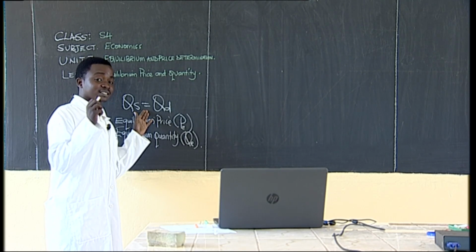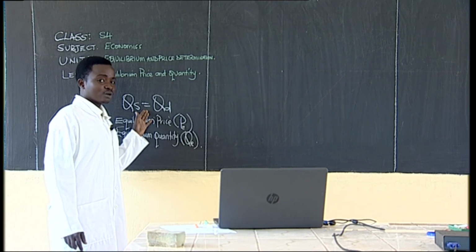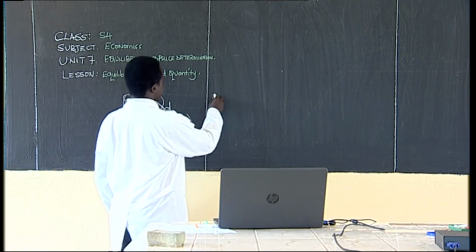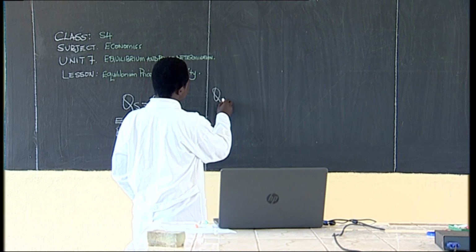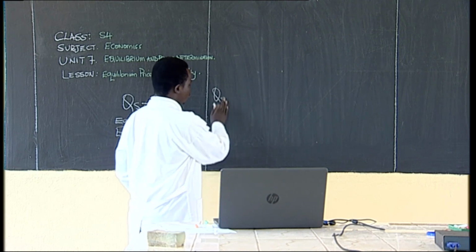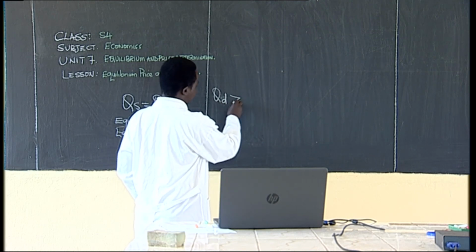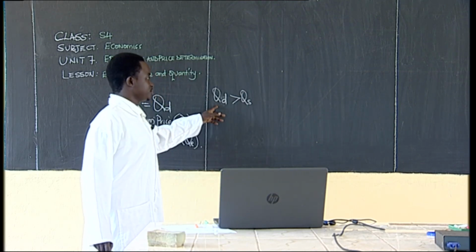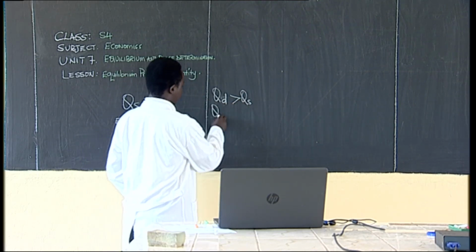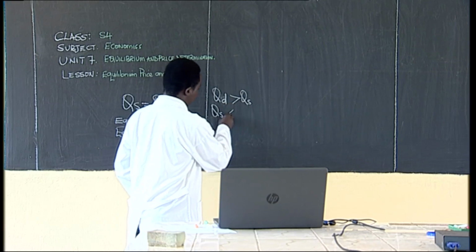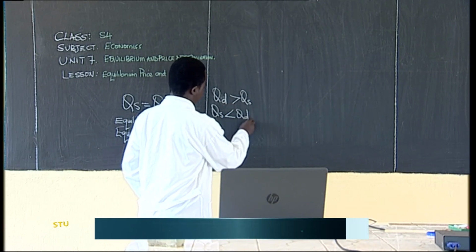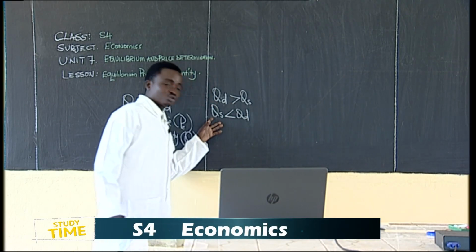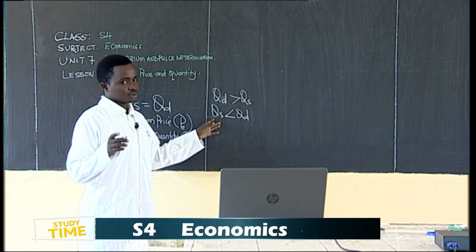In a disequilibrium, quantity demanded is greater than quantity supplied, and vice versa, when quantity supplied is greater than quantity demanded. This disequilibrium affects the economy so much.